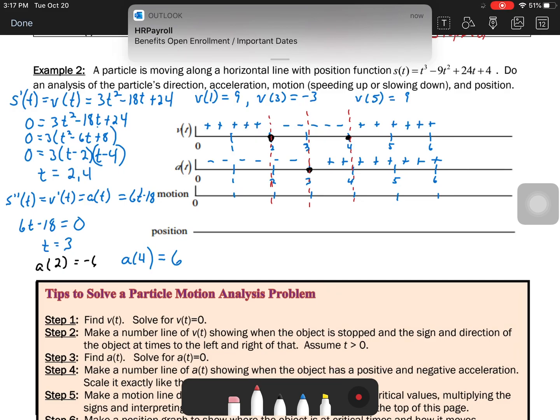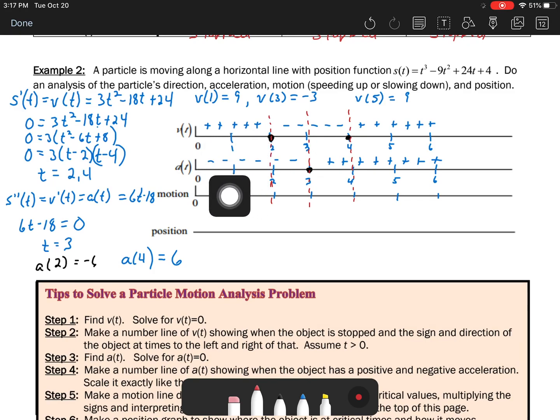So let's look at this. Where the signs are opposite, positive and negative, that means I'm slowing down. I won't write it down because I don't have a lot of room there. Between seconds 0 and 2, I'm slowing down because of positive velocity and negative acceleration. Between seconds 2 and 3, negative and negative for both, this is speeding up.